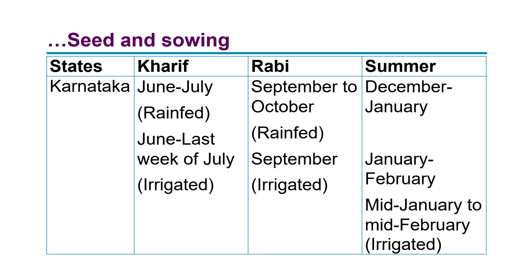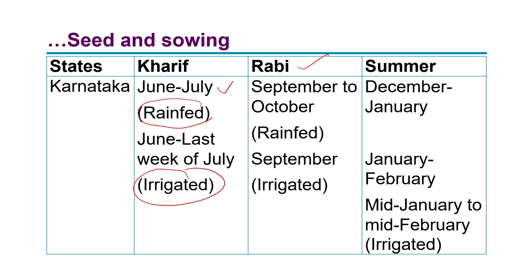We can see the optimum time of sowing of sunflower in different states. In Karnataka, the optimum time for rain-fed crop is June, July. And for irrigated crop in Karnataka, optimum sowing time is June to last week of July. This is the ideal time of sowing sunflower in Karnataka under irrigated conditions. Now, coming to Rabi crop, this was for Kharif crop.